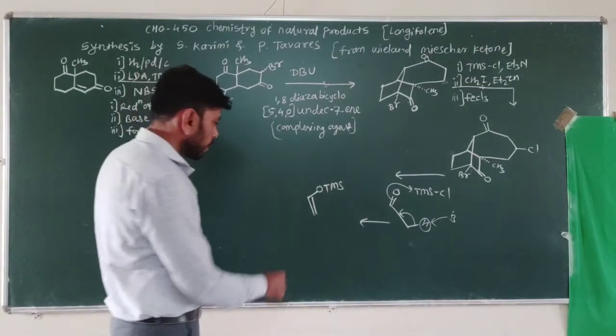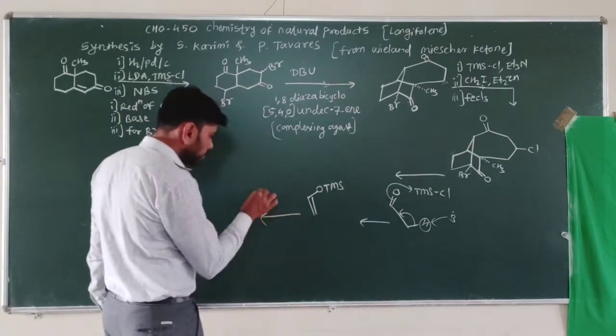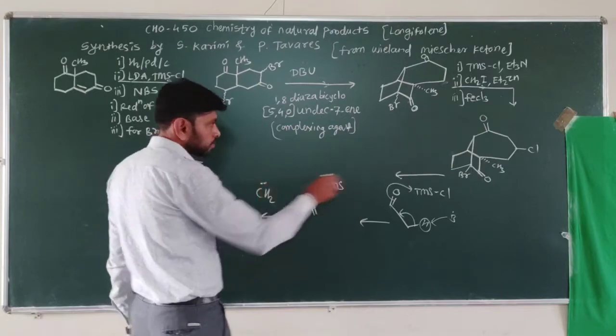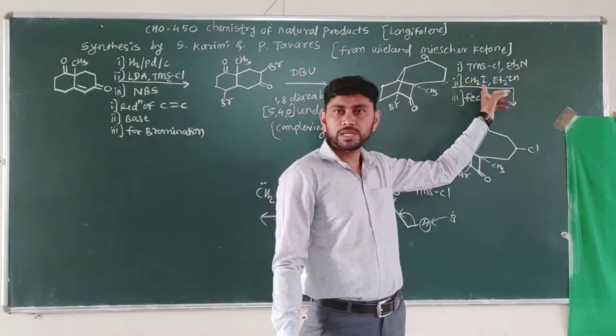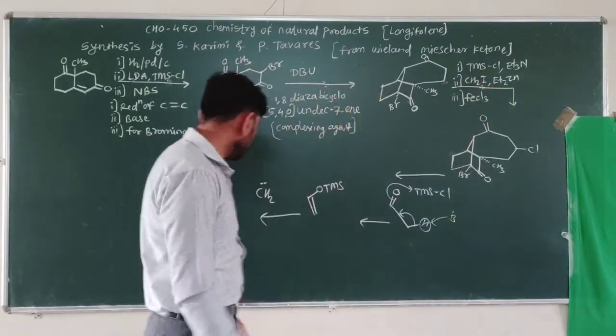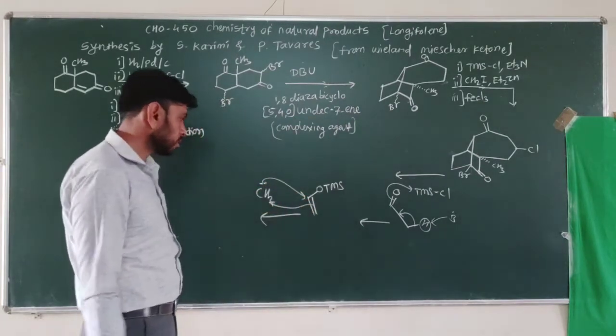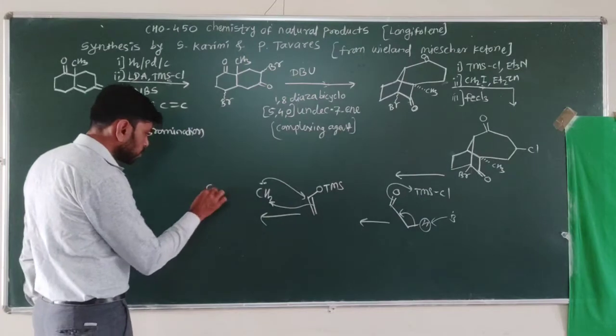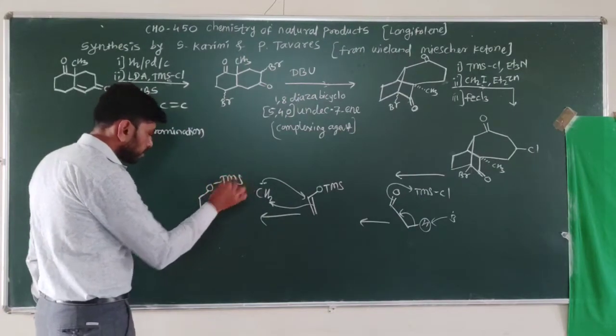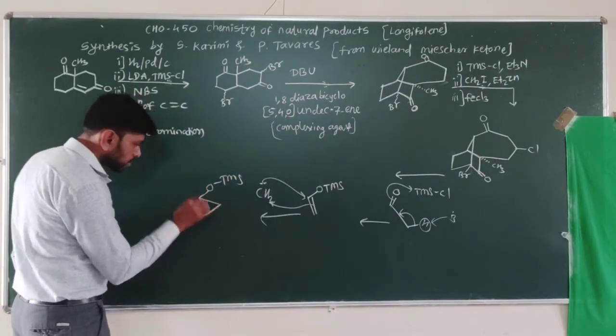The double bond is formed, and when this double bond interacts with the carbene species, carbene formation takes place, CH2I. So that carbene species interacts with this and forms, see this O-TMS, and here CH3.